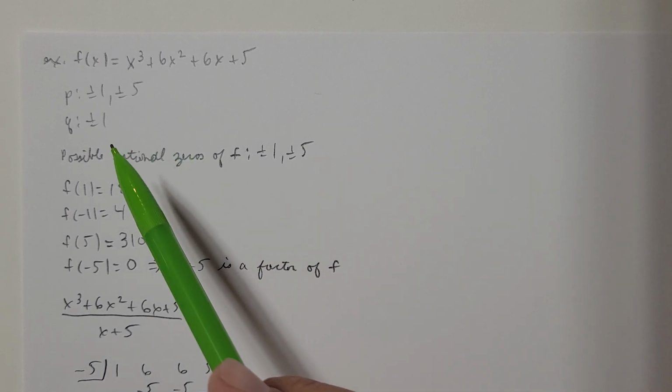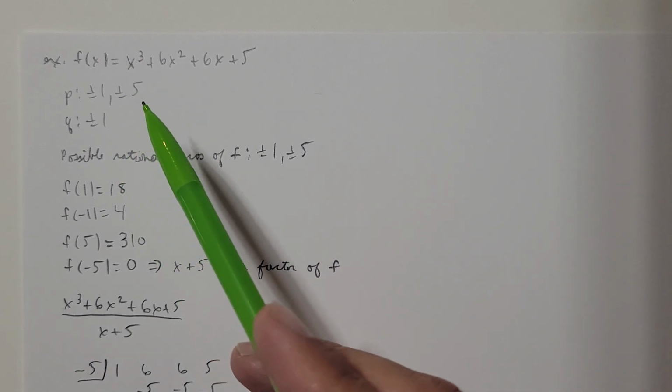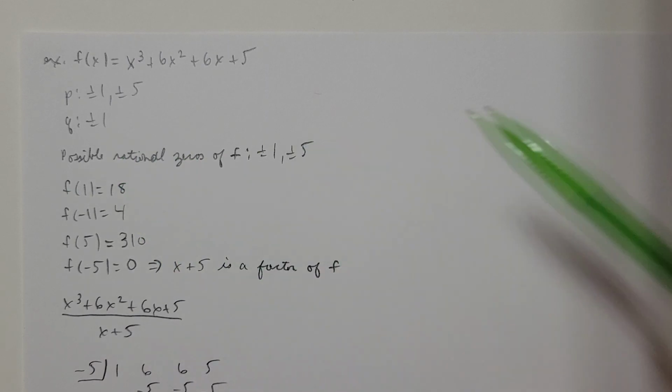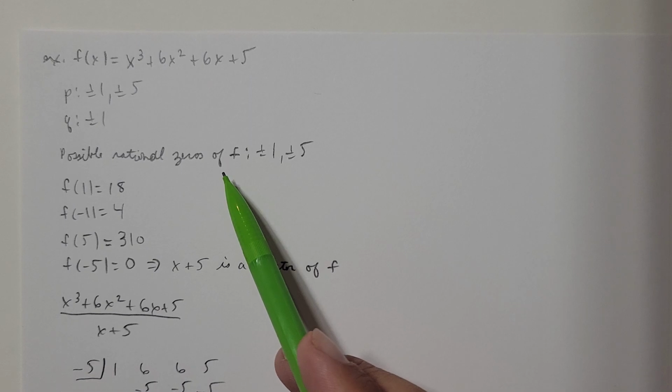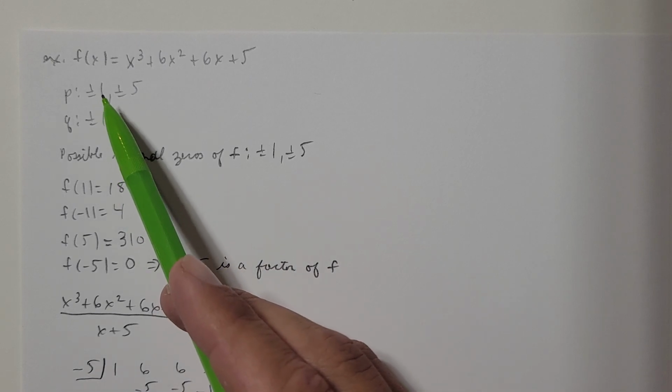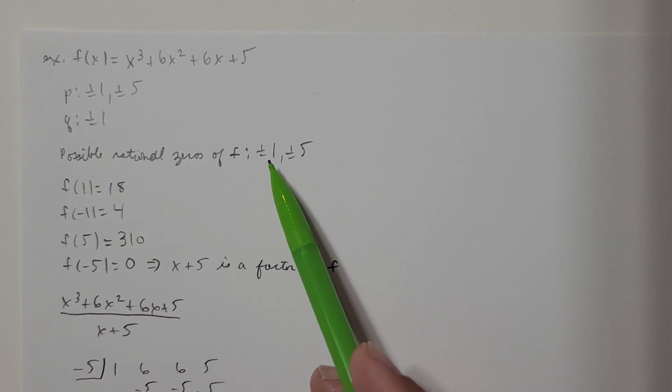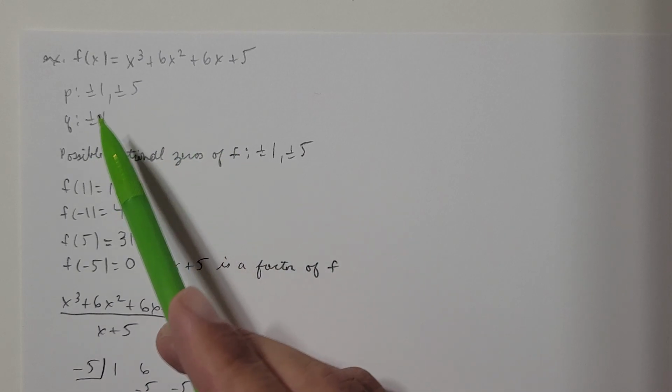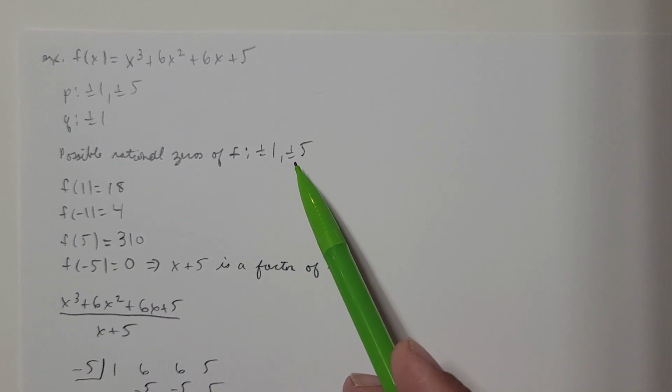The factors of 1 are just 1 and negative 1 for the q-values. So the possible rational zeros of f are all the numbers of the form p over q. Plus and minus 1 over plus and minus 1 is plus or minus 1. Plus or minus 1 divided by plus or minus 5 is plus or minus 5.